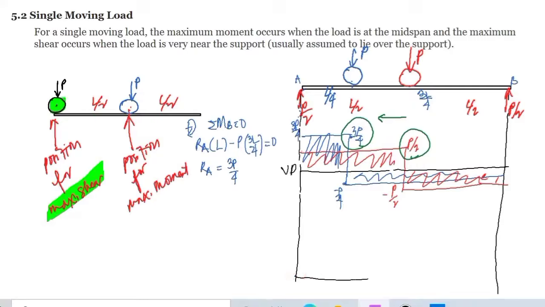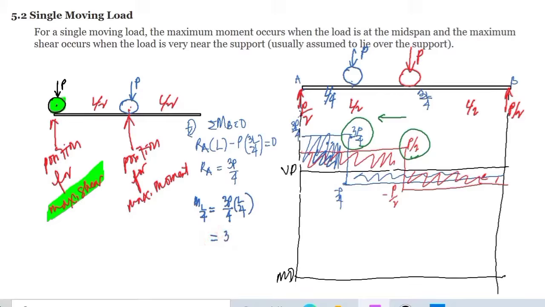So for the moment, let's create the moment diagram out of this. We just take the area of the shear diagram here. So that's 3P over 4 and the distance of L over 4. So the moment at L over 4 is equal to the intensity of the shear multiplied by the distance, and that is just the area of this rectangle here.